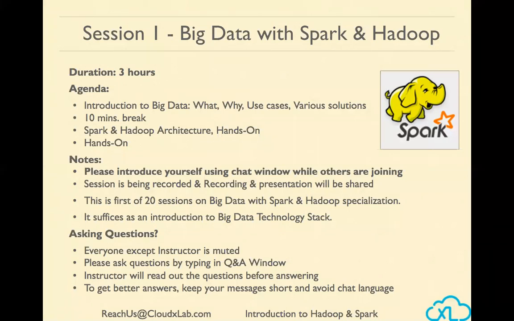A question from MI is, can you please clarify whether Spark can be used with SQL only, or do we require Python or Scala?